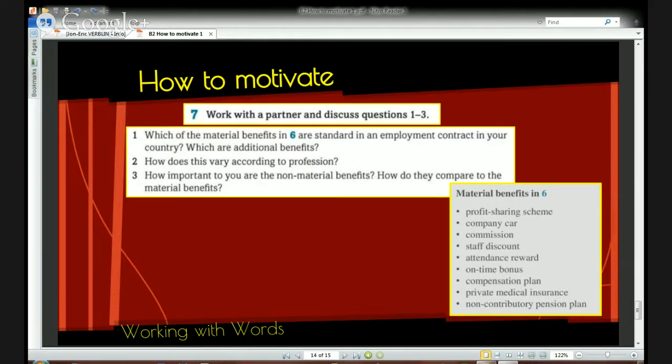It's a general reward. Okay, so it's a bonus. And if you can negotiate the bonus and say, look, if we achieve this goal, then I want X, Y, or Z, then yeah, I think it could be. Okay, then not compensation plan, it was okay. And private medical insurance too.